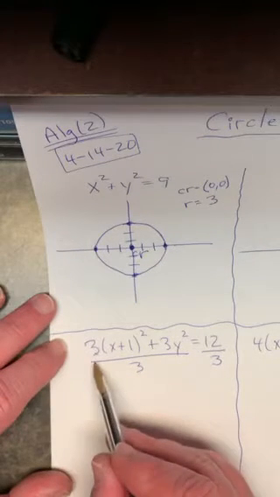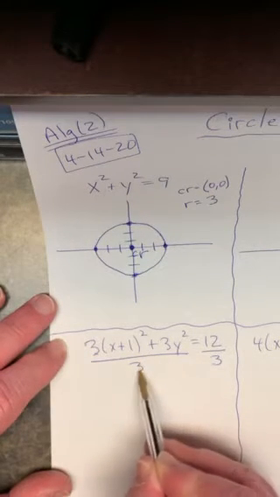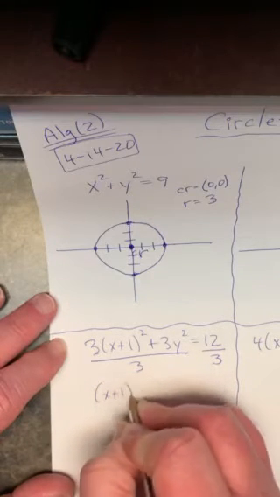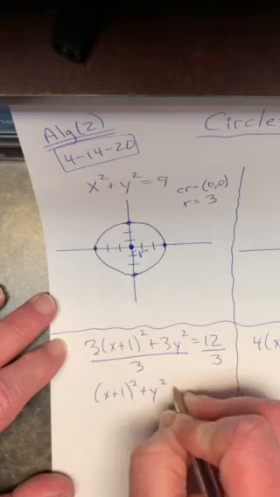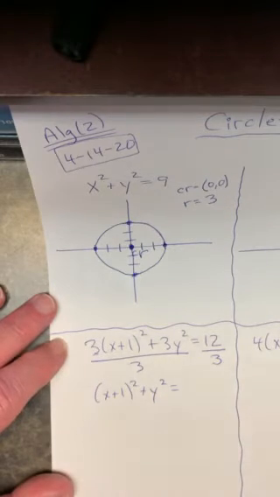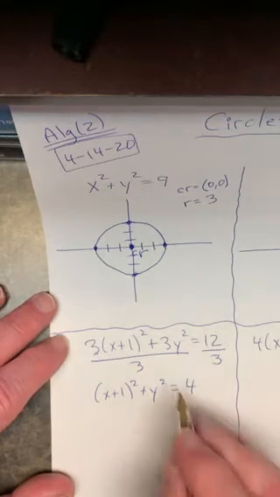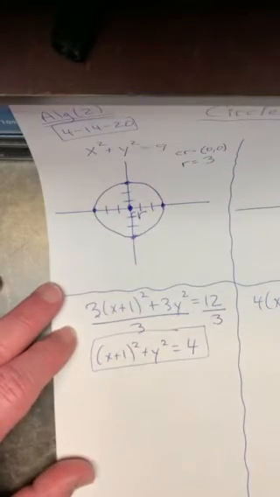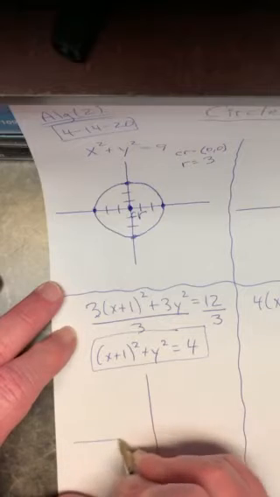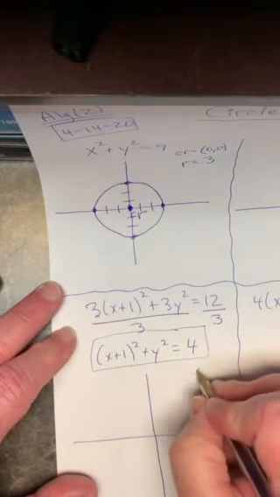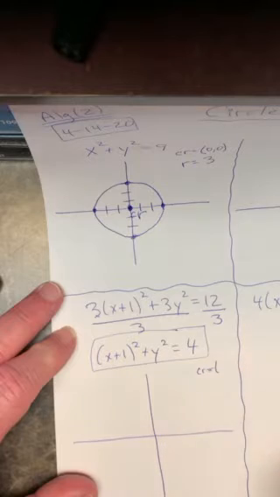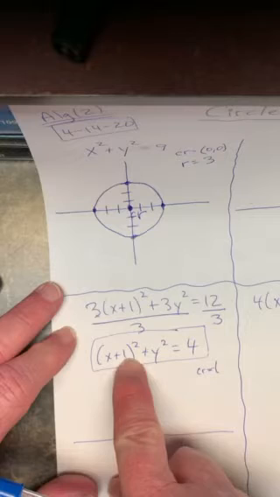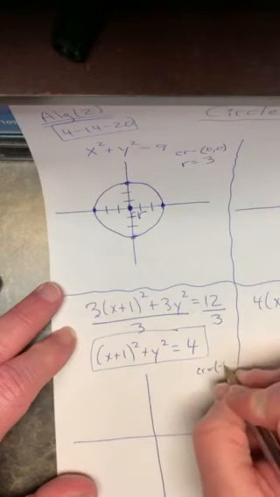So in essence, by dividing everything there by 3, the 3's will all cancel, correct? giving me x plus 1 squared plus y squared equals, on that side, 12 divided by 3 is 4. There, look at it. My circle is now in what's called standard form. So when I go to draw it, first question, of course, is where's the center? Oh, it says x plus 1, doesn't it? What's the opposite of plus 1? Negative 1.